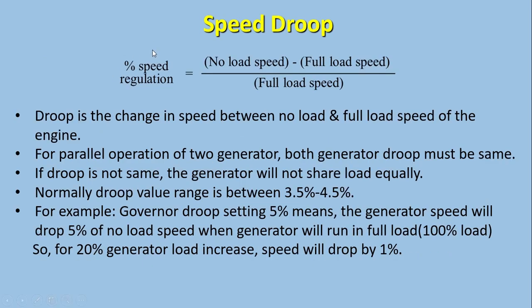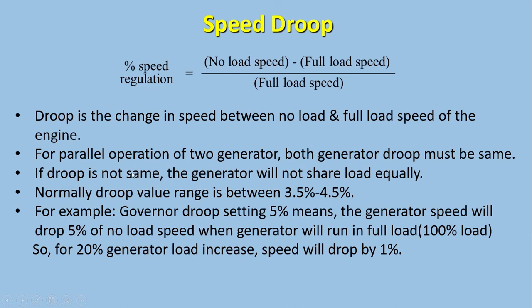This is the speed droop. Droop is the change in speed between the engine no load and full load speed. Here you can see the speed droop equation: no load speed minus full load speed, divided by full load speed. For parallel operation of two generators, both generator droops must be the same.